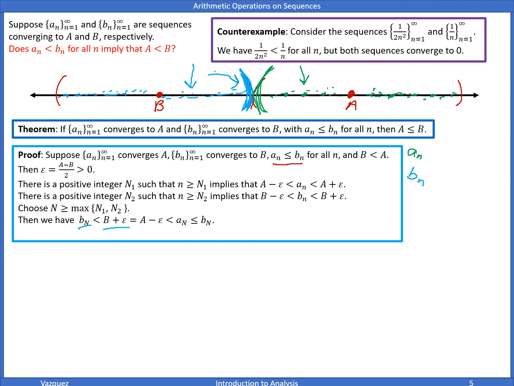And here, by hypothesis, we said that an is less than or equal to bn for all n, so that's how we get this. But wait a minute, we just said bn is less than bn? Well, that's where the impossibility comes in. This inequality is impossible, which is a contradiction, and we get our theorem proved.